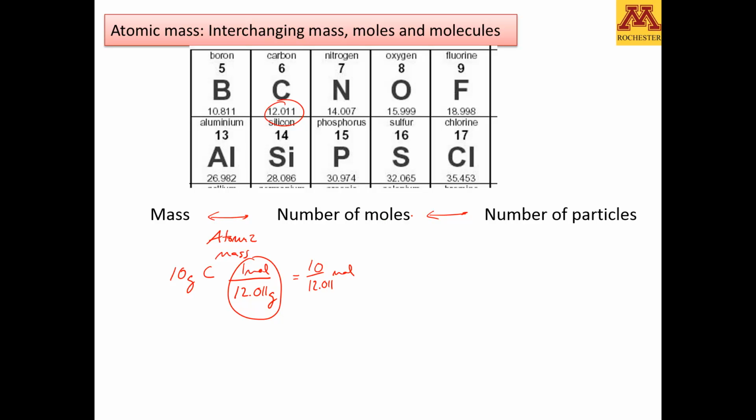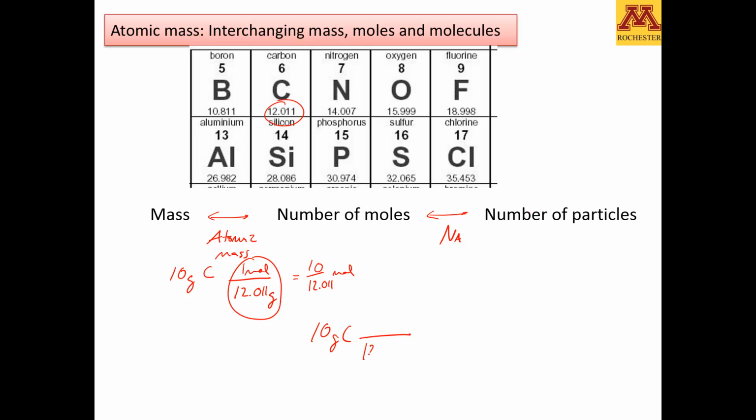How can we convert moles and number of particles? For that, we will use Avogadro's number. So using the same example, how many particles, how many atoms of carbon are there in 10 grams of carbon? If you have 10 grams of carbon, we need to first convert it into moles. That's important. You cannot go from number of particles to mass without going through the number of moles.